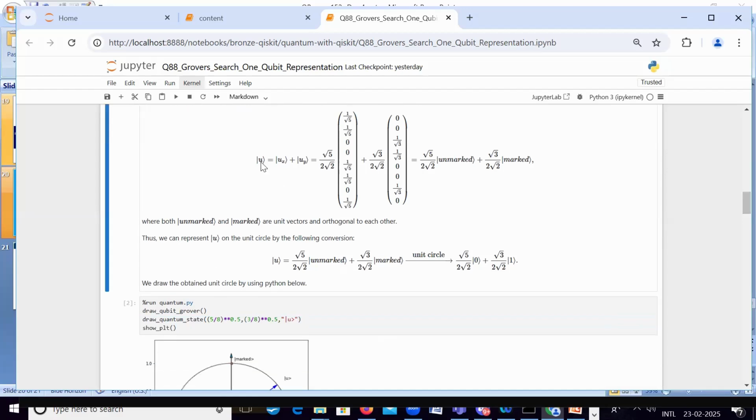Now, initially, the u, which has 2 different values, ux and uy, is represented as ket ux and ket uy.